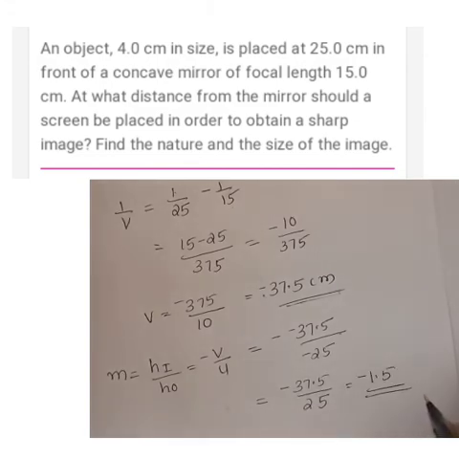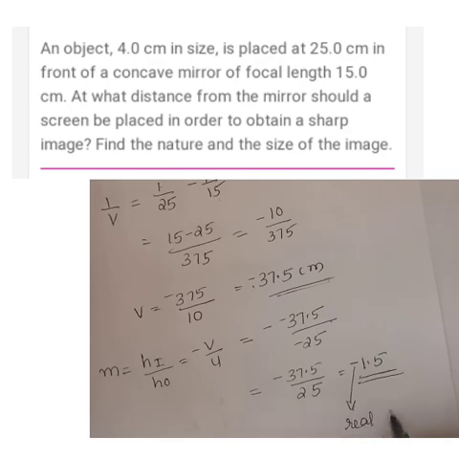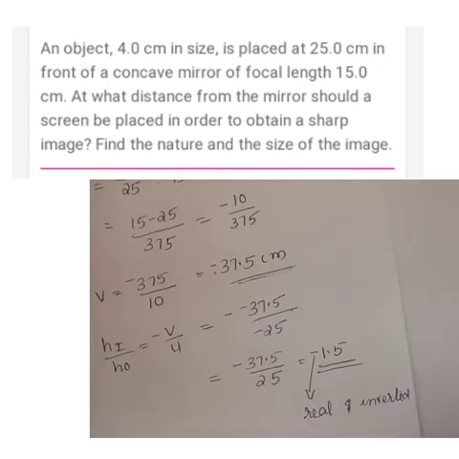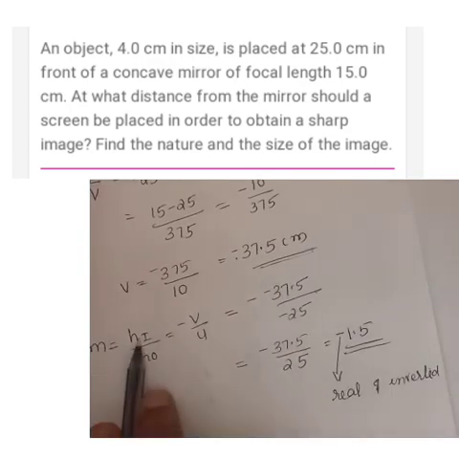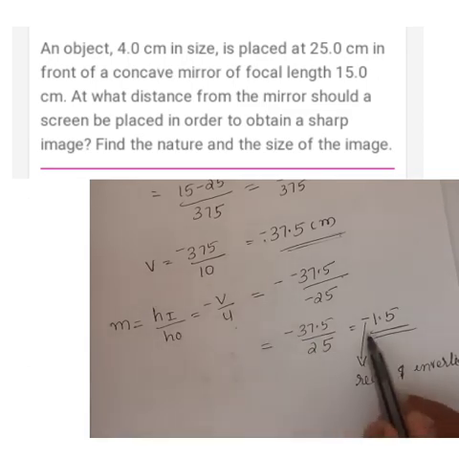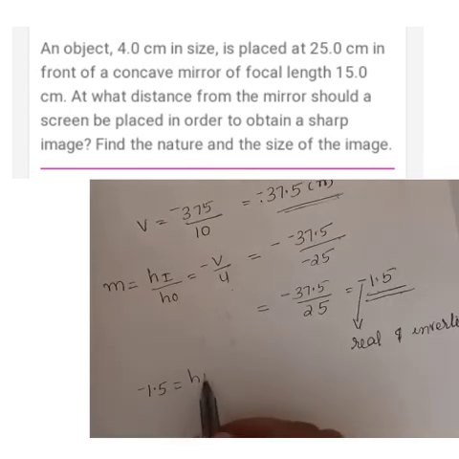Magnification has no units. So the negative sign indicates that the image is real and inverted. Then also you have to find out the height of the image. So minus v by u is minus 1.5. So minus 1.5 is equal to Hi divided by Ho.